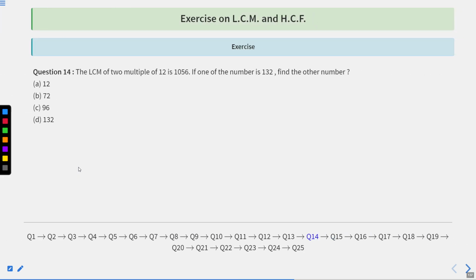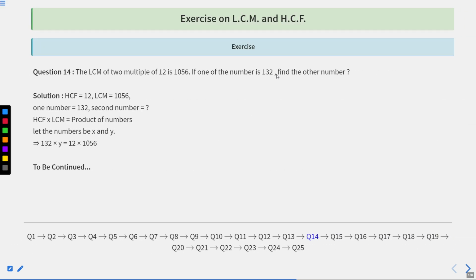Question number 14. The LCM of two multiples of 12 is 1056. If one of the numbers is 132, find the other number. Solution: HCF is equal to 12 and LCM is equal to 1056.